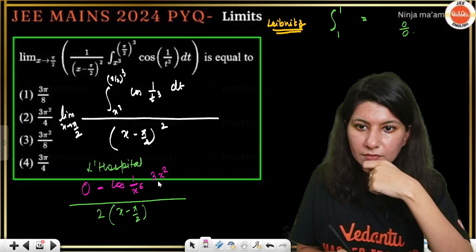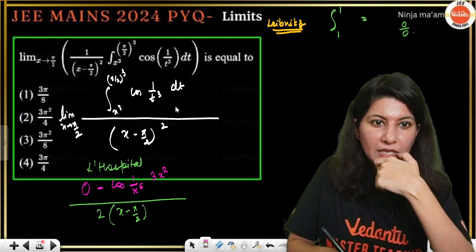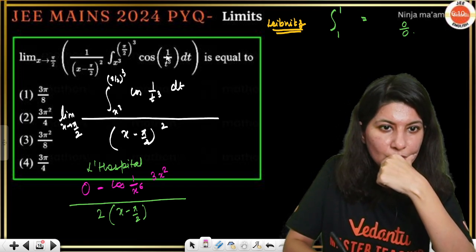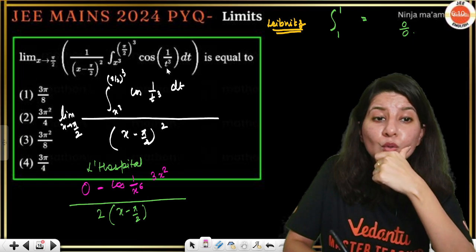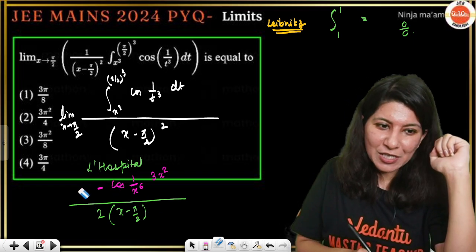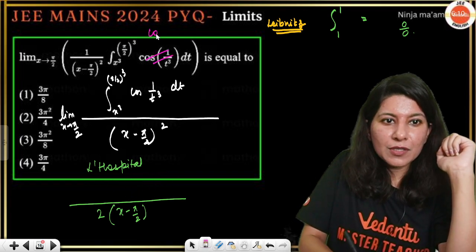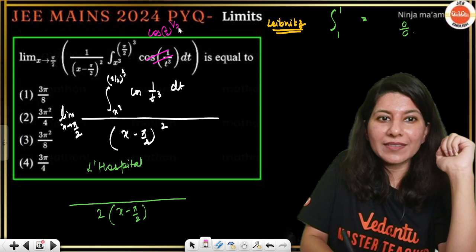So this should actually be cos of, oh, we got it. There is some mistake in this question, some printing mistake. So this is actually cos of t raised to power 1 by 3, right?